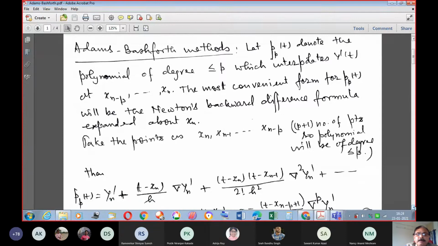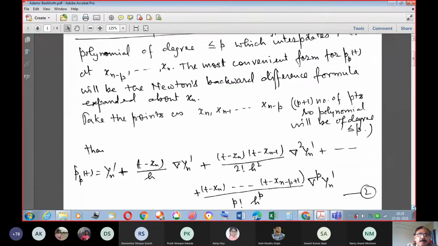So we'll first write how that p_p(t) will look. The backward formula is like this: the value y_n prime at the point n, plus (t minus x_n) divided by h, the step length, the difference between two consecutive points, times the backward operator del y_n prime.